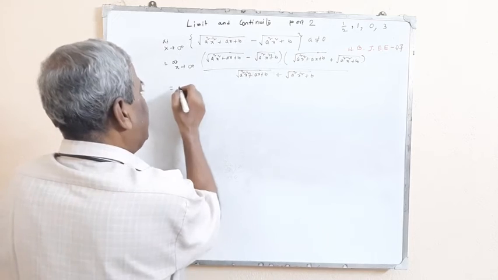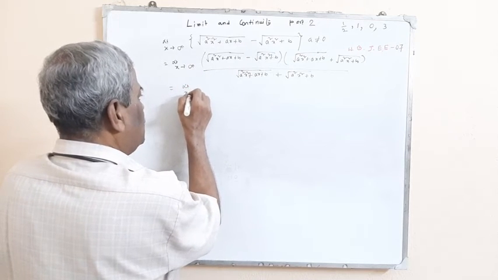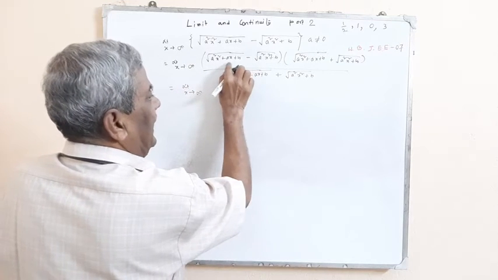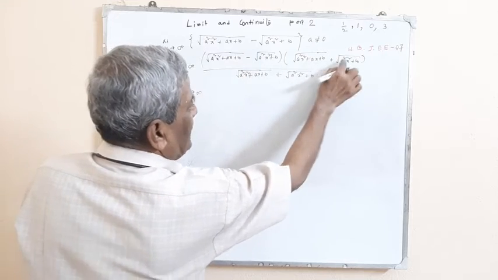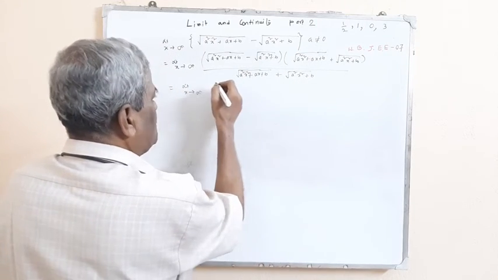Now in the numerator it is of the type a minus b into a plus b, so it is s square minus b square.